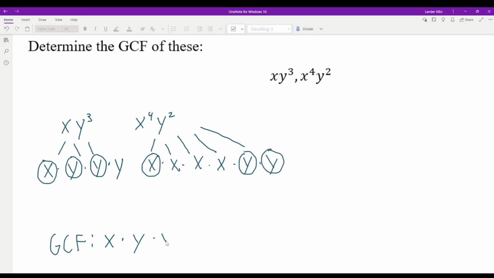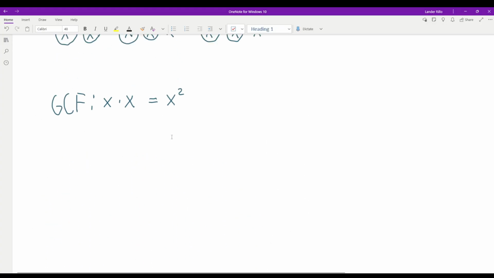It's common between them. Now, is there anything else that's common between them? There's a y, but there's no more y's here. There's an x, but there's no more x's here. So this is the greatest common factor between them: x, y squared.